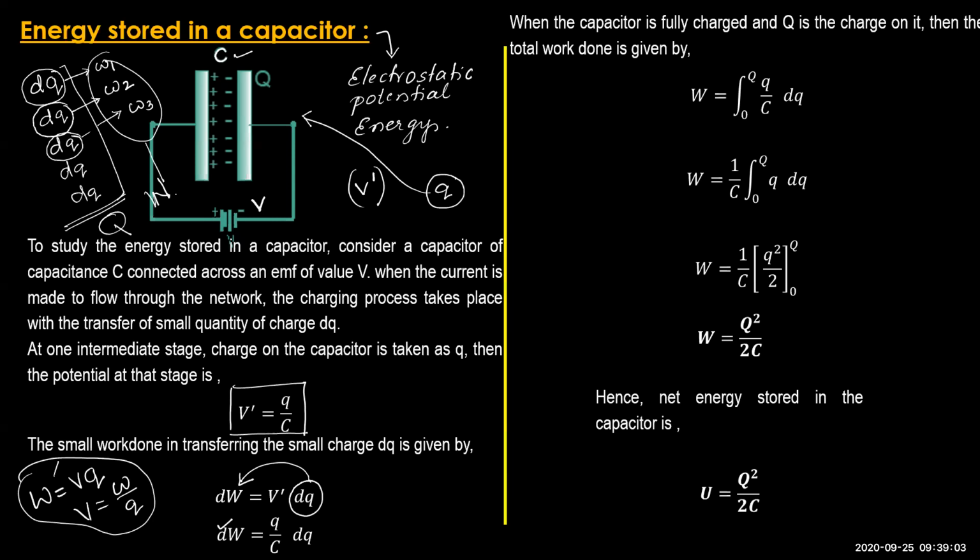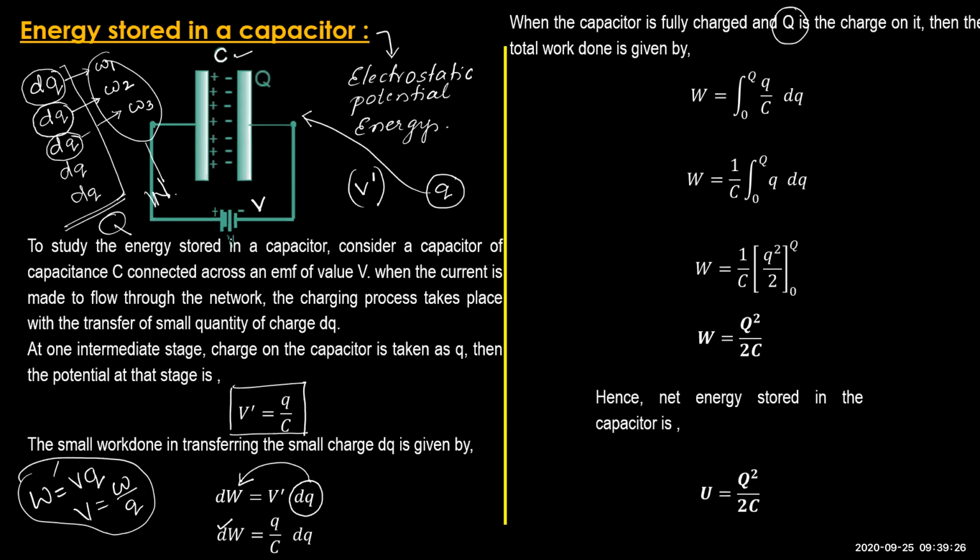Now if we want to know the total work done, the net work done in storing the charge Q, then we have to consider the summation or integration of these small works.